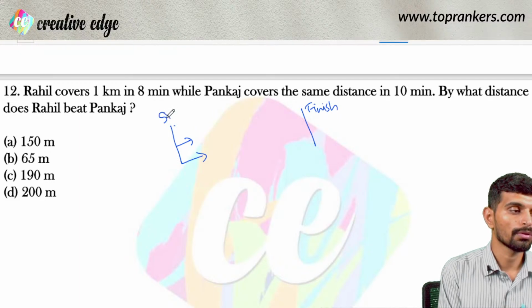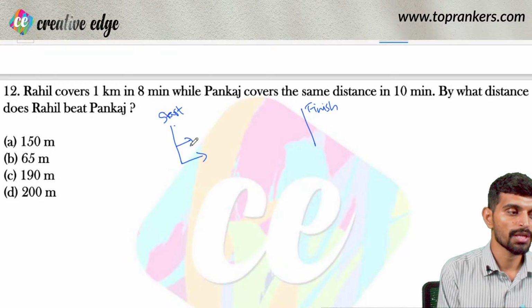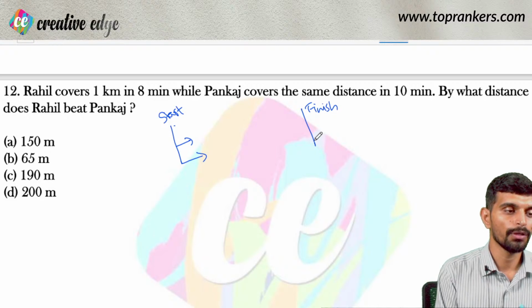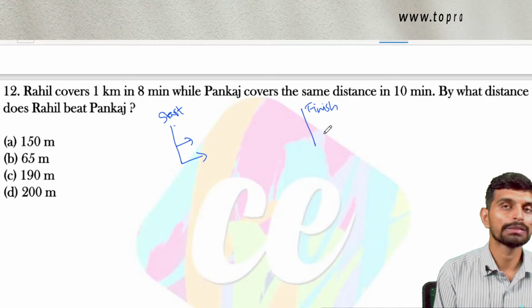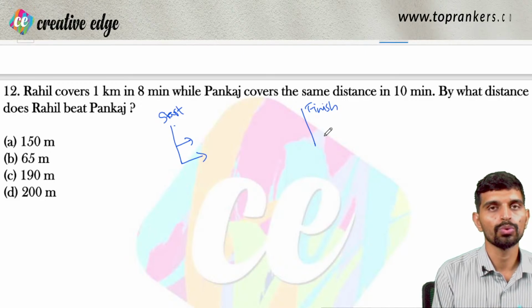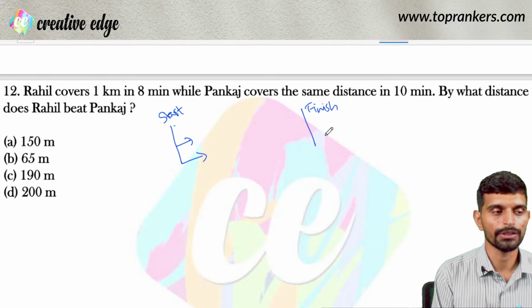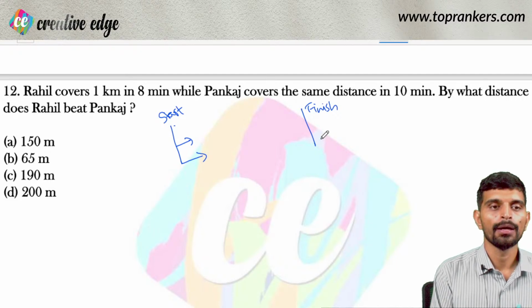So if they start from the same point, one of them will finish the race earlier than the other, then the winner will be the one who crosses the finish line first, right?